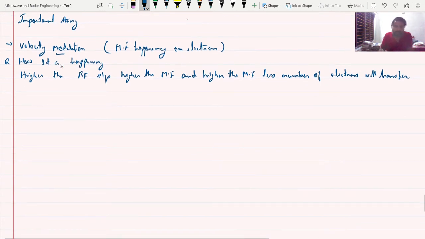So if magnetic force is more, in that case velocity is more.